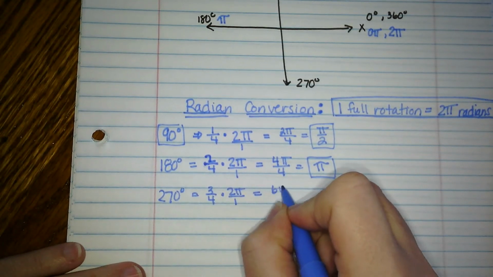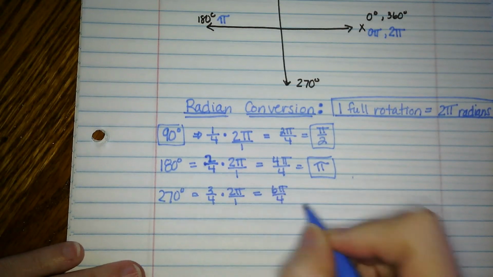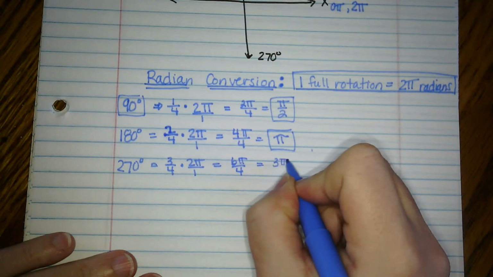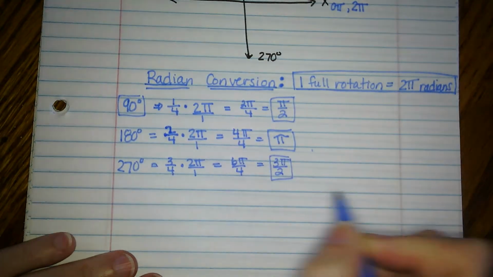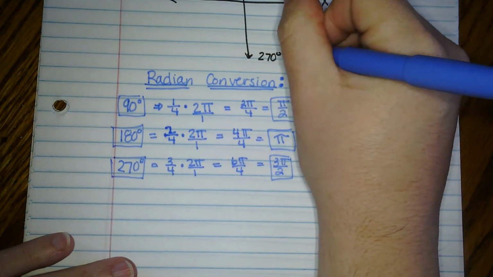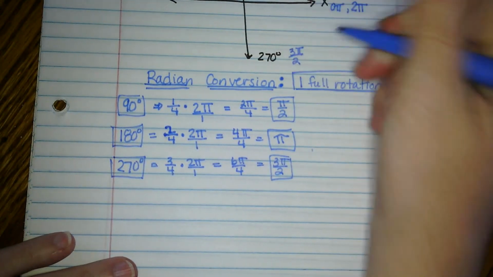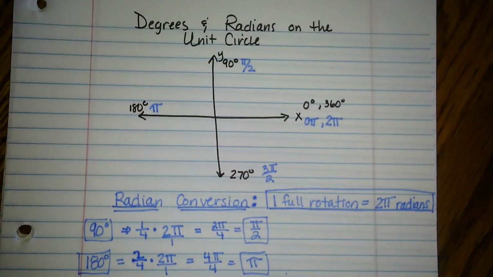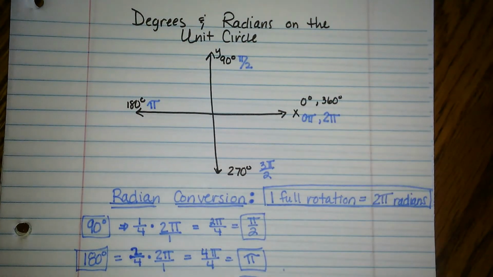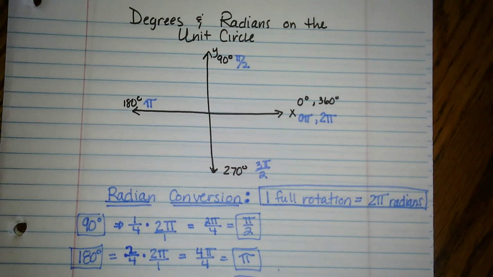And this gives us 6 pi over 4, which when you reduce 6 pi over 4, you get 3 pi over 2. And so we have our radian to degree conversion for our unit circle. So these are our basic unit circle quadrantal angles in both degrees and radians.